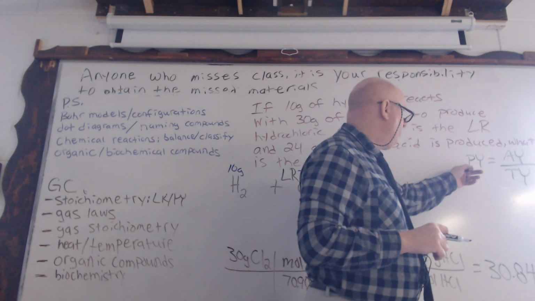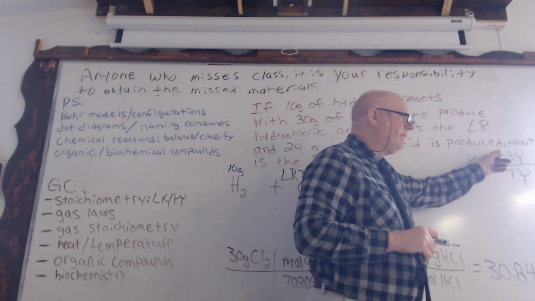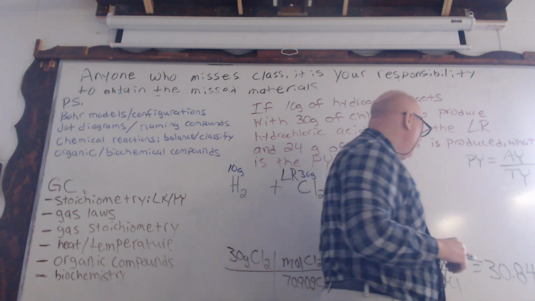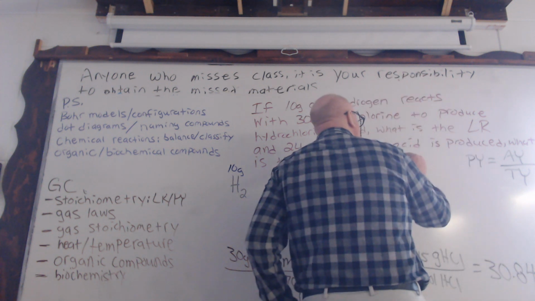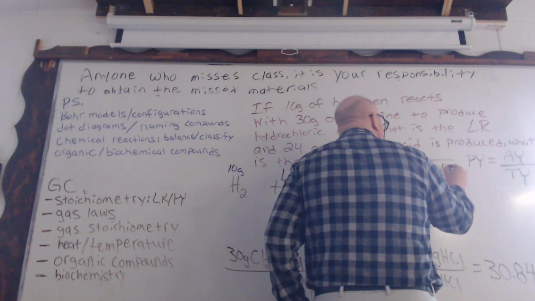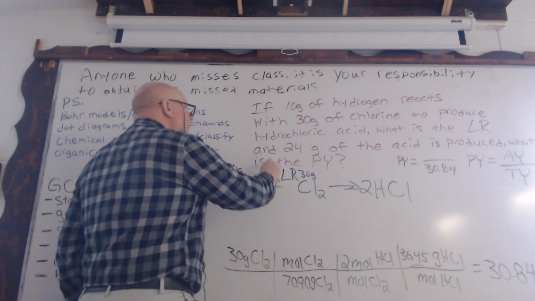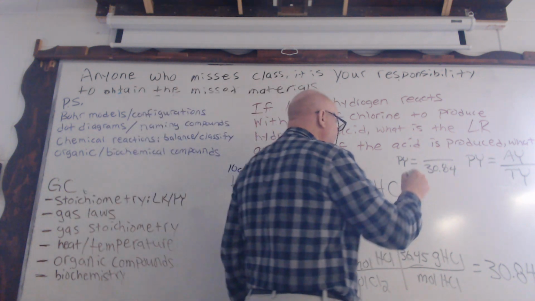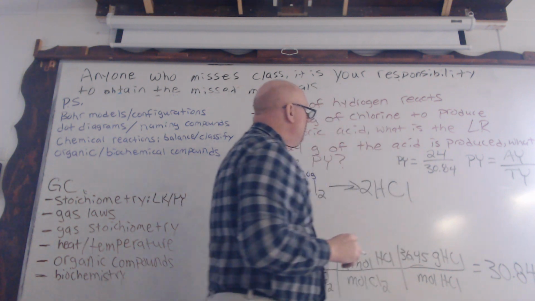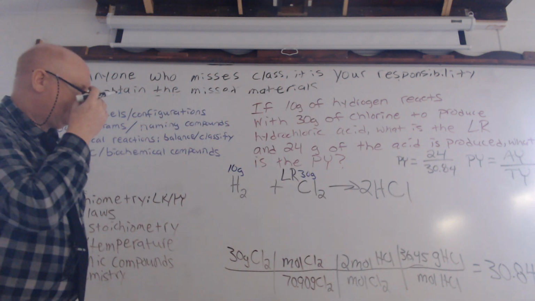So which one of these yields are we calculating? Right. Theoretically, we should be coming up with 30.84. Yield equals 30.84. What we actually produced was 24. So then actually our percent yield is going to be quite high.